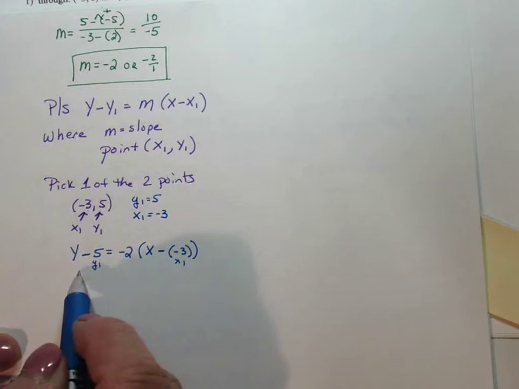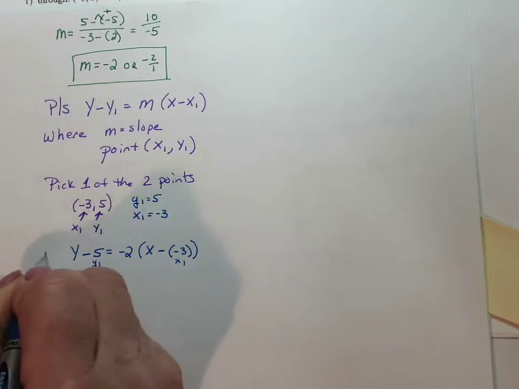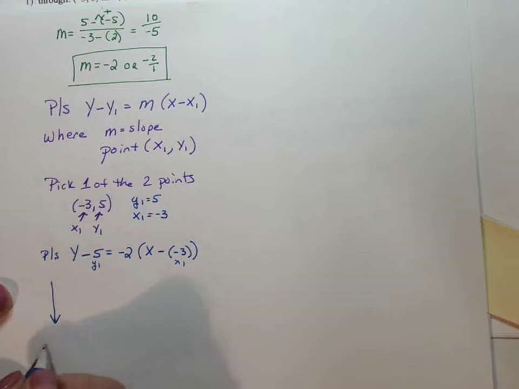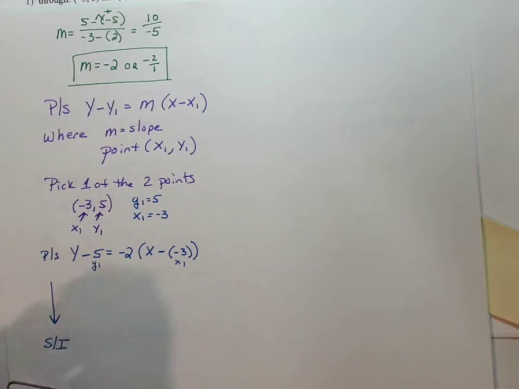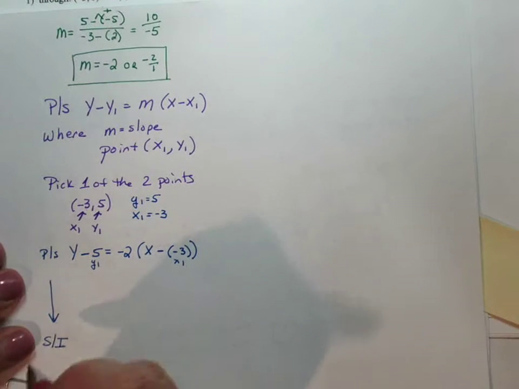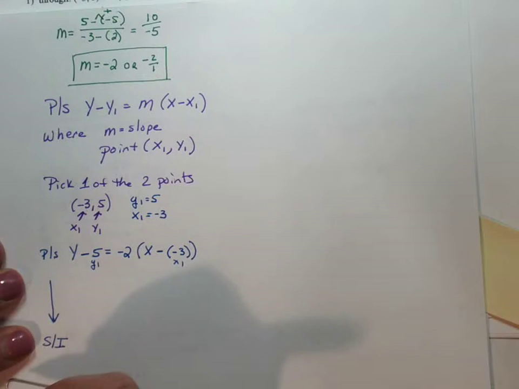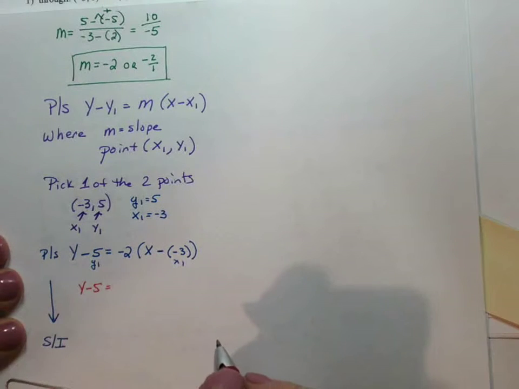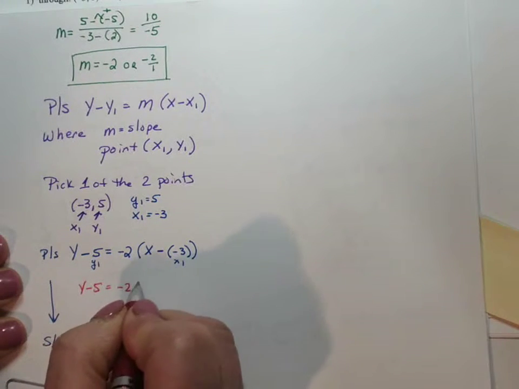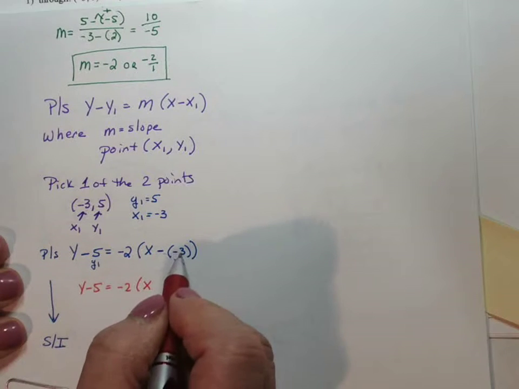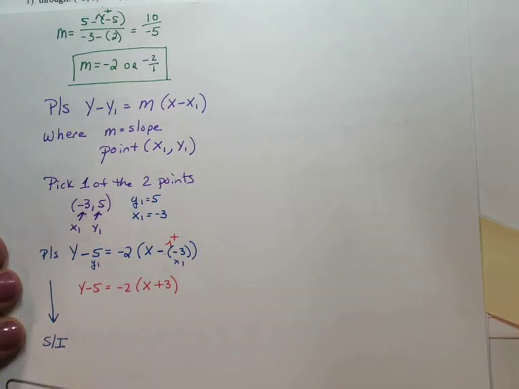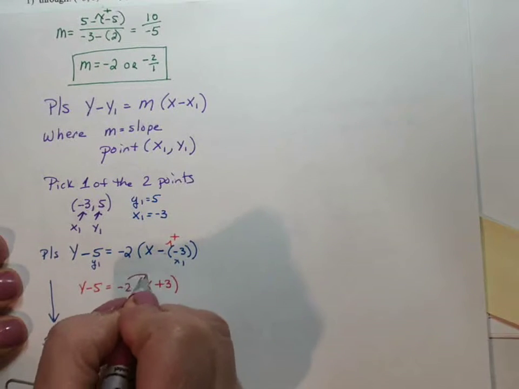And now that you know how you have this, okay, this is in point slope, and now we're going to put it into slope-intercept. Right? So we have to simplify this. We have y minus 5. There's nothing to simplify on that side. -2, x, a negative and a negative is a positive, plus 3. We're going to distribute.